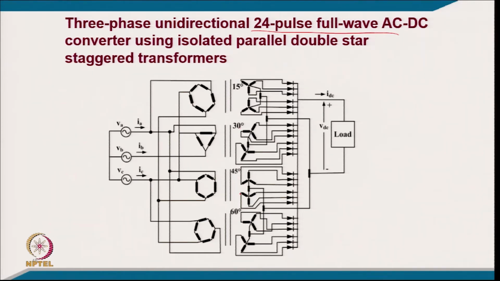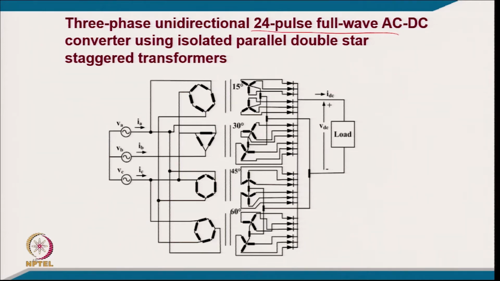So that is the 4 phases, and the second phase will repeat, the third phase will repeat, in that manner. So you are getting a 24 phase AC supply, and you are using 24 diodes for a 24 pulse converter. 24 pulses will be in the output voltage across the load.